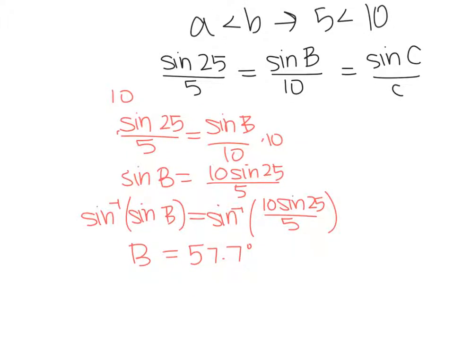Now we can find angle C, since we know 180 minus 25 minus 57.7, we get 97.3 degrees.